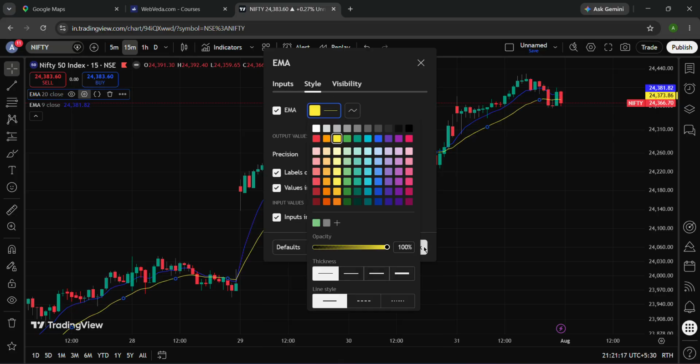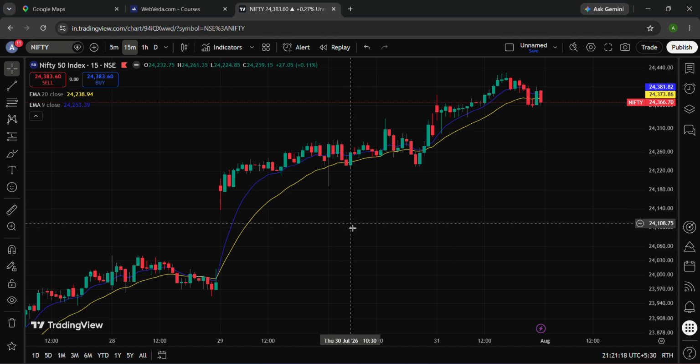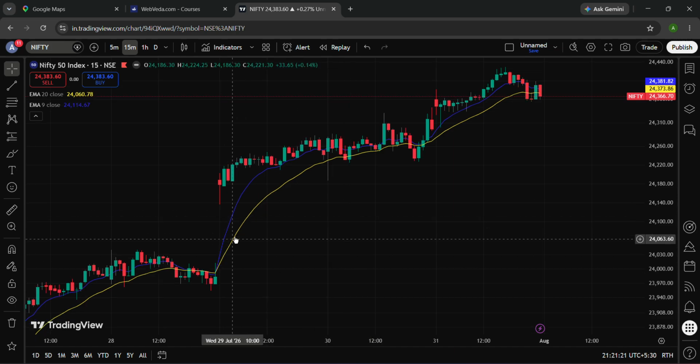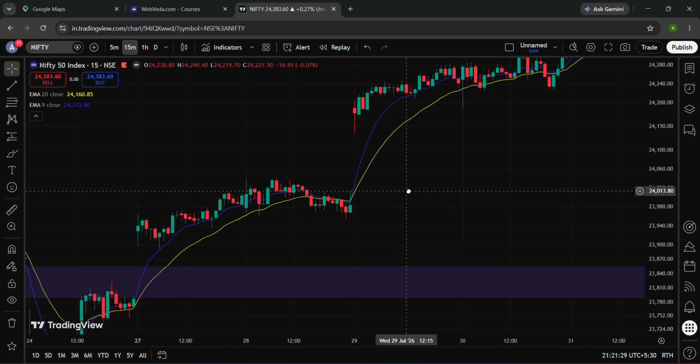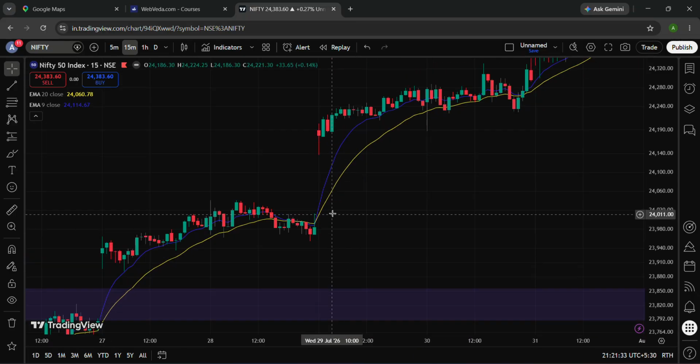and change the color for identification. This yellow line represents the EMA 20 and this blue line represents the EMA 9. That is what is most used by traders.